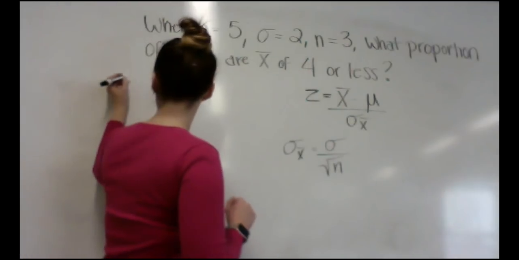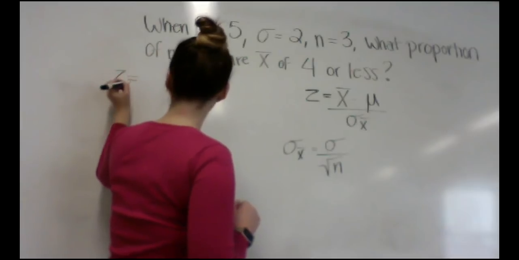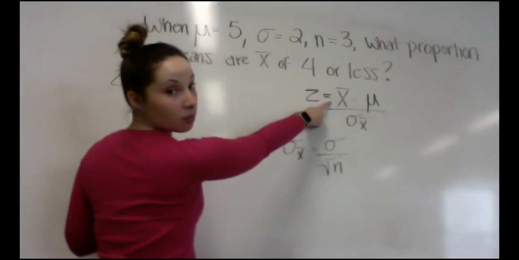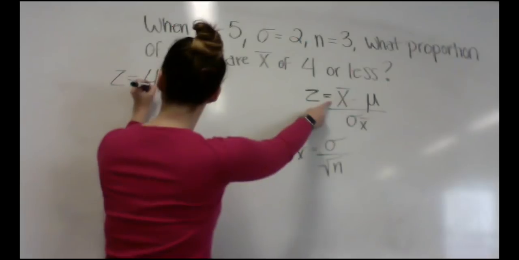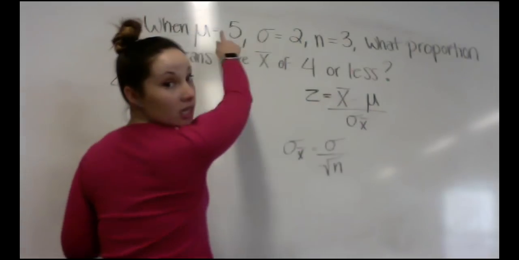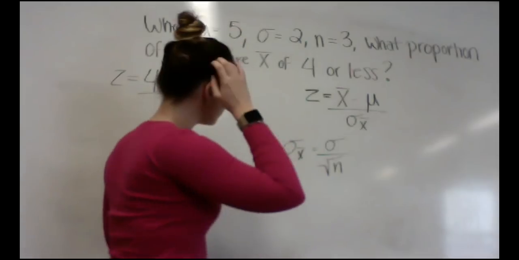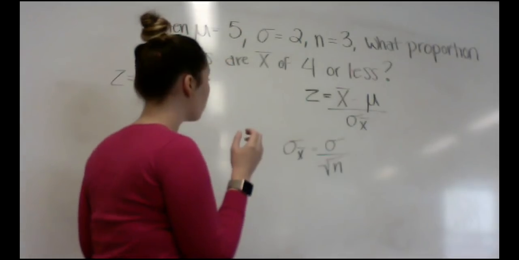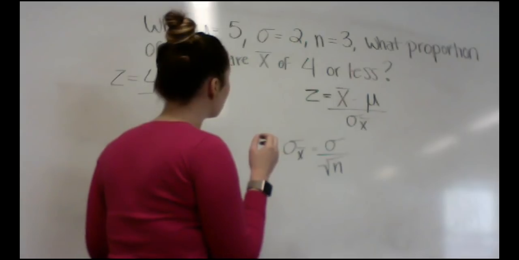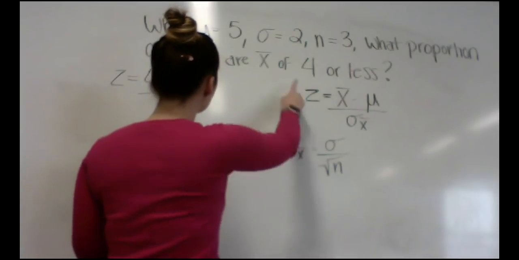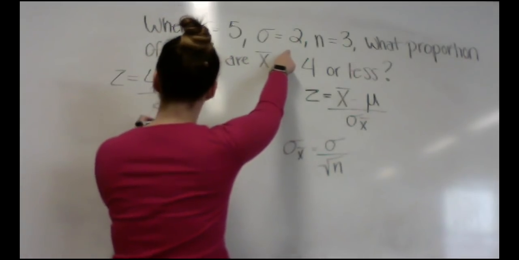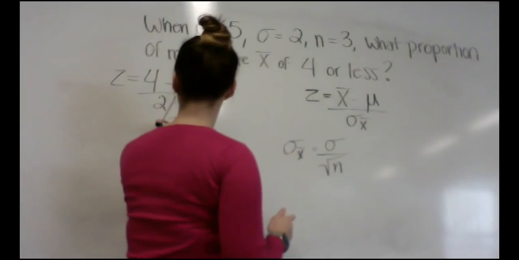And we have all the information to do that. Z equals 4 because that's my sample mean, minus 5 because that's my population mean, over standard error, which we can just go ahead and put into one formula to make this a little more simple. So that's population standard deviation 2 over the square root of 3.